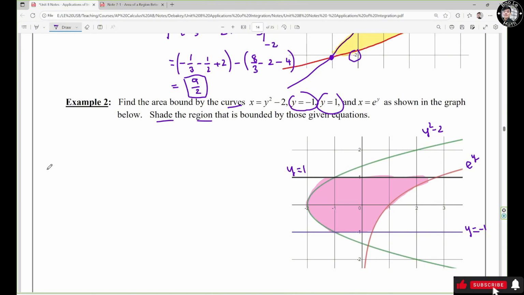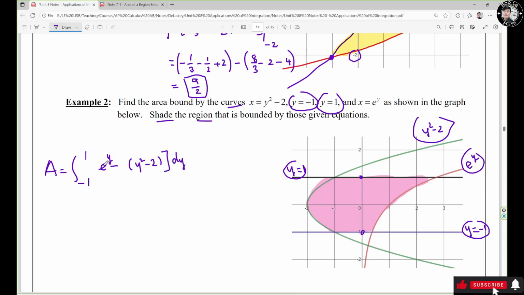So the area is the integral from -1 to 1, from here to here. Right subtract left: right is e to the y, subtract left, which is y squared minus 2, dy. Be careful, you need to put parentheses right here.